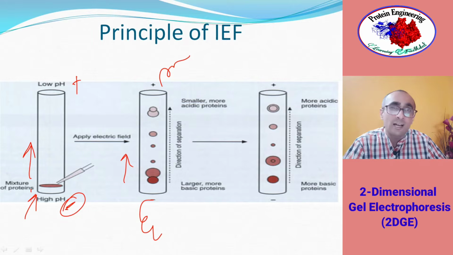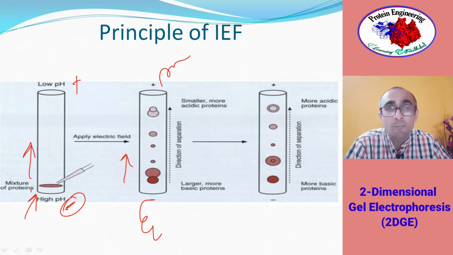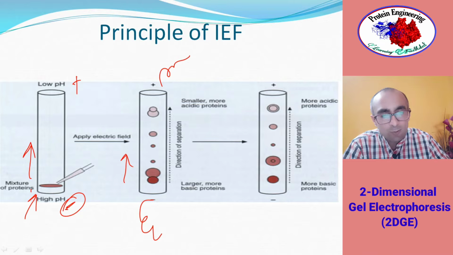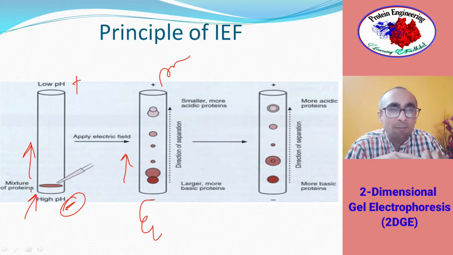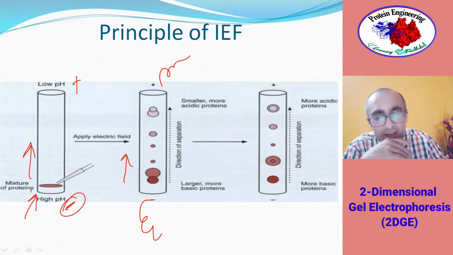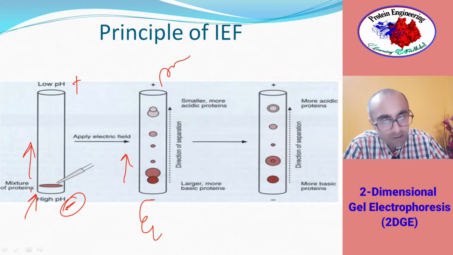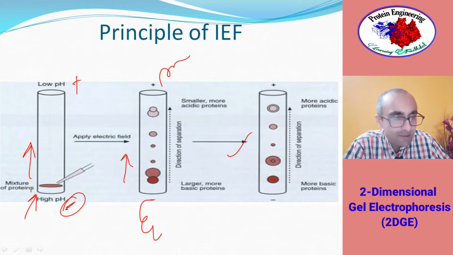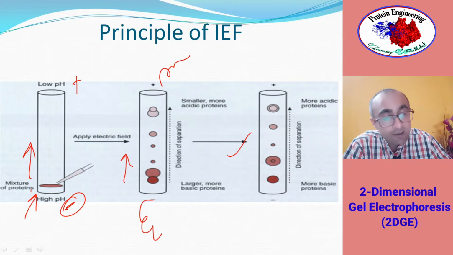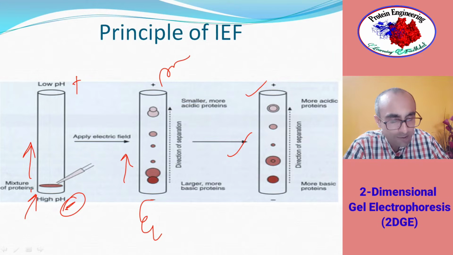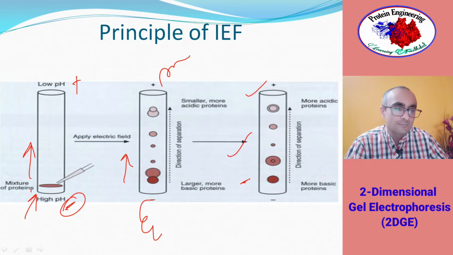But because IEF is run for a longer period of time, slowly the proteins having similar pI will catch up, and eventually they are separated on the basis of not size but their respective pI values. So you will have more acidic proteins towards the positive electrode and more basic proteins toward the negative electrode.